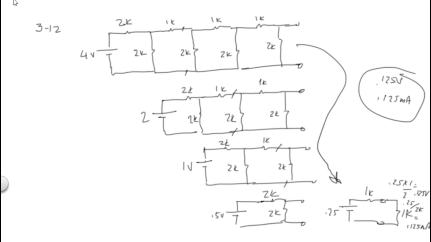So now let's go to 313. Use the flashlight battery from the text and the data, V Thevenin and I shorted load, to find R Thevenin of the battery. So V Thevenin is equal to 1.5. I shorted load is equal to 2 amps.